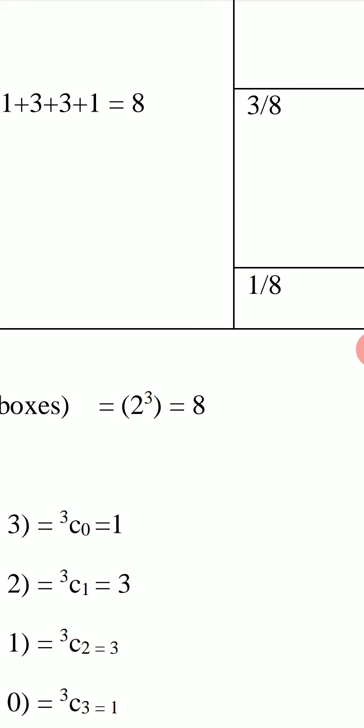If we want to distribute 4 particles in 2 boxes, then the total number of microstates will be 2 to the power 4.